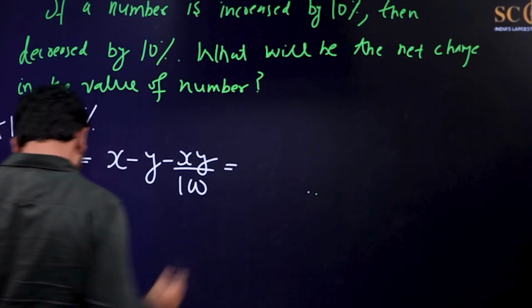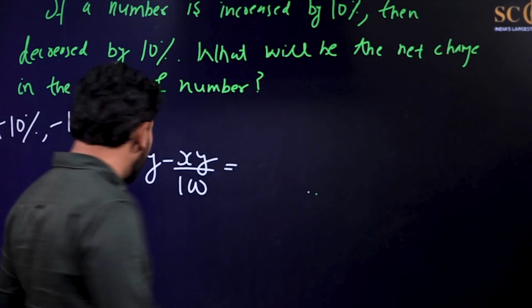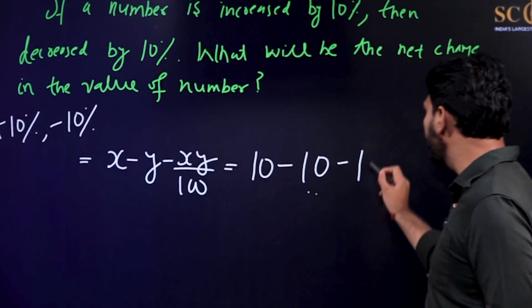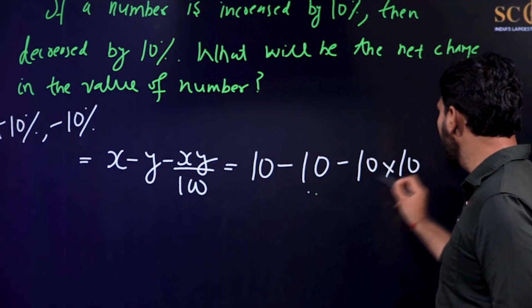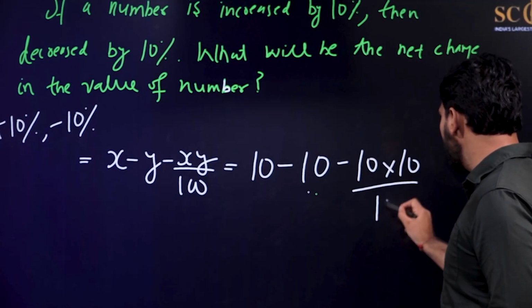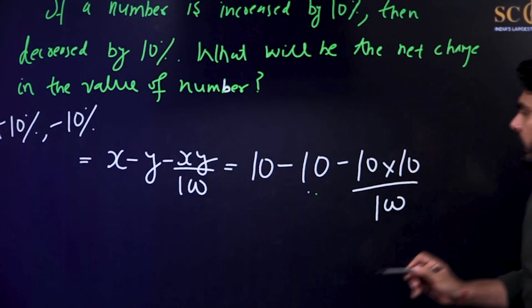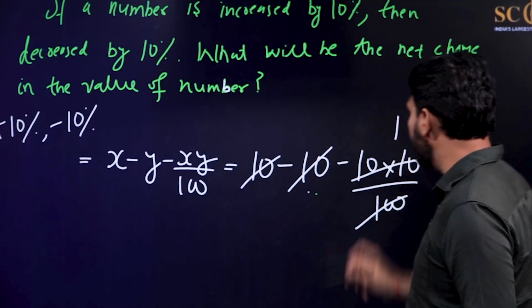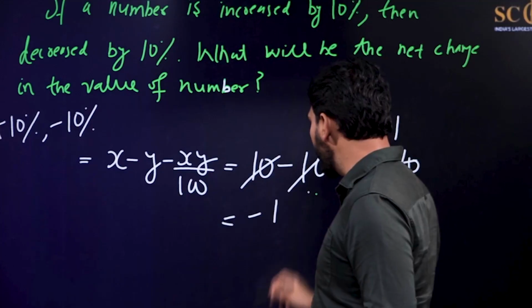In place of x I will write 10, in place of y I will write 10, and 10 into 10 by 100. Now if I solve it, 10 will cancel with 10 and 100 divided by 100 you will get 1. So the answer you will get from here is minus 1.